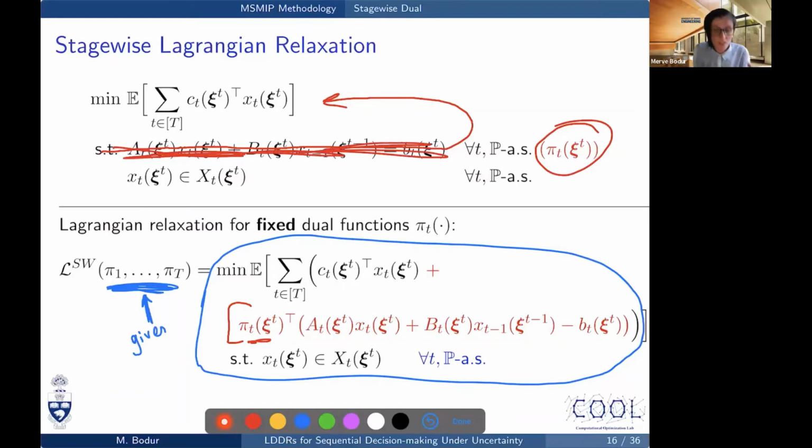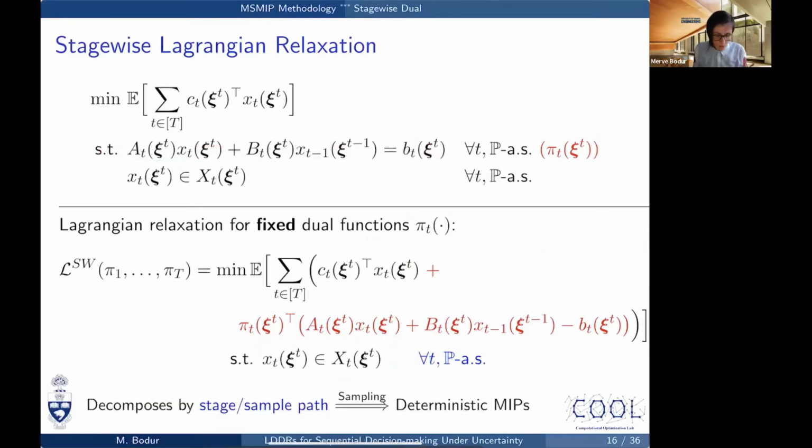If you look at the remaining constraints, you will see that they are an individual set of constraints for every stage and for every possible scenario. So this can be solved by means of decomposition: it decomposes by both decision stage and scenario sample path, so you can solve this Lagrangian relaxation problem fairly efficiently.